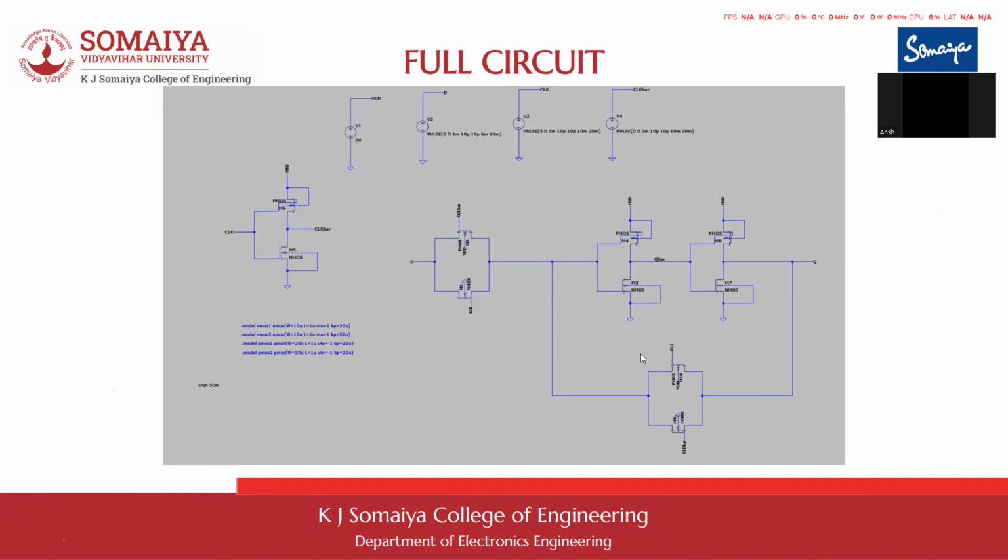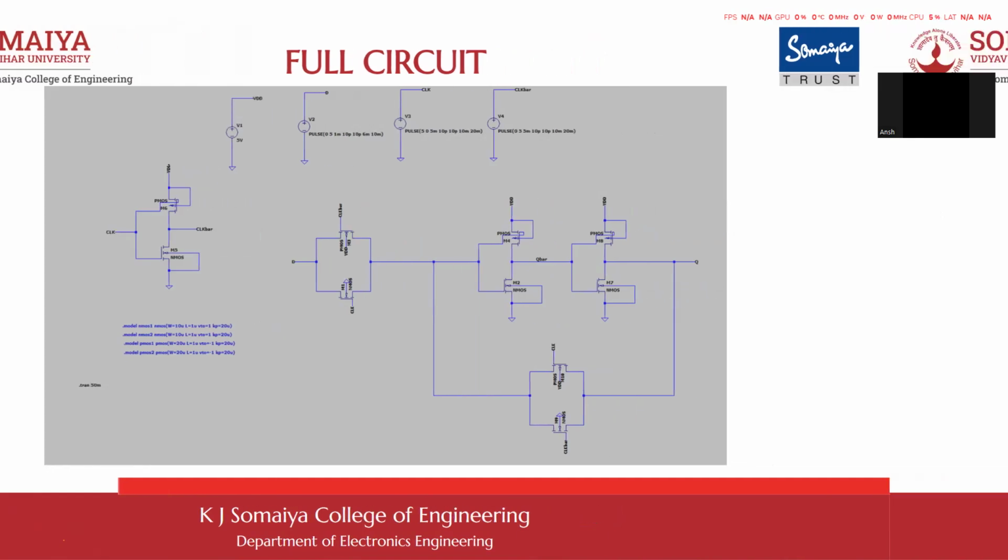As I talked about in the earlier slide, whenever my clock is zero or I have no clock input, my entire D latch will retain its information, or if I put it in better words, it will just retain the previous state.